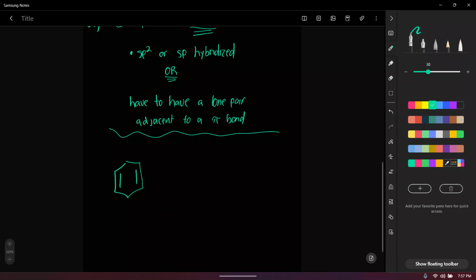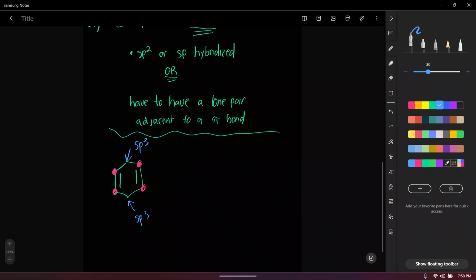Obviously, because this carbon has a double bond, and that one has a double bond, and that one, and that one, all of those carbons are sp2 hybridized. But hopefully what you can see is that this carbon is sp3, and this carbon right here is also sp3, and so therefore this system would not meet the criteria of aromaticity.